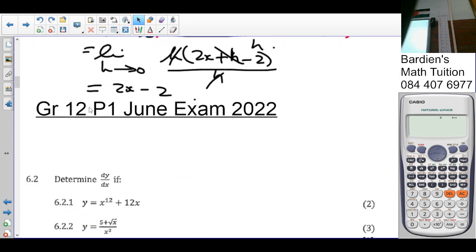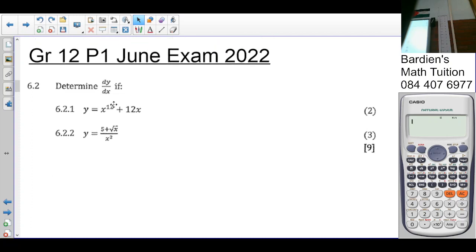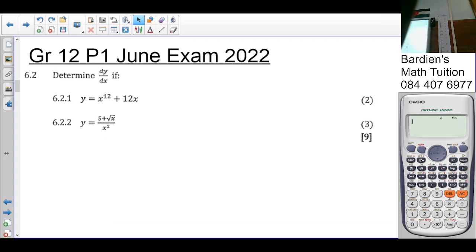In 6.2, we are told determine dy dx. The derivative of y with respect to x.